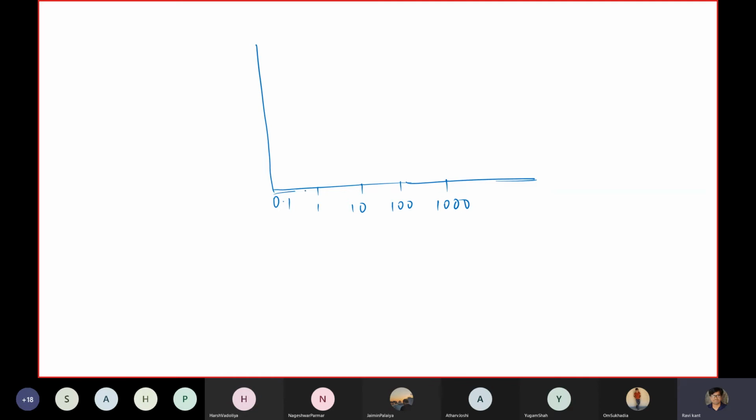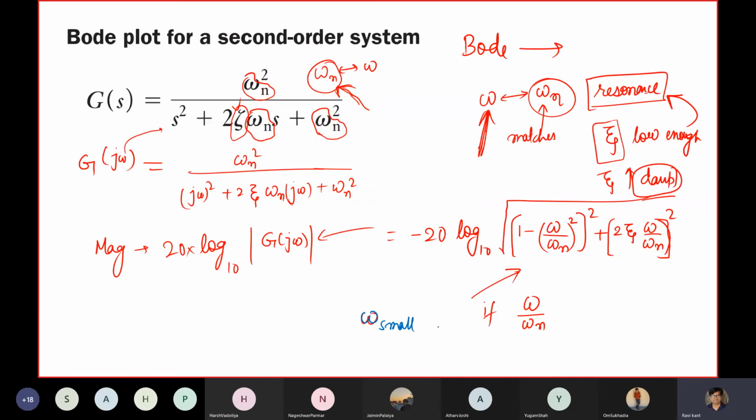Whenever I am talking about this region, when ω is small, ω/ωn is very much less than 1.